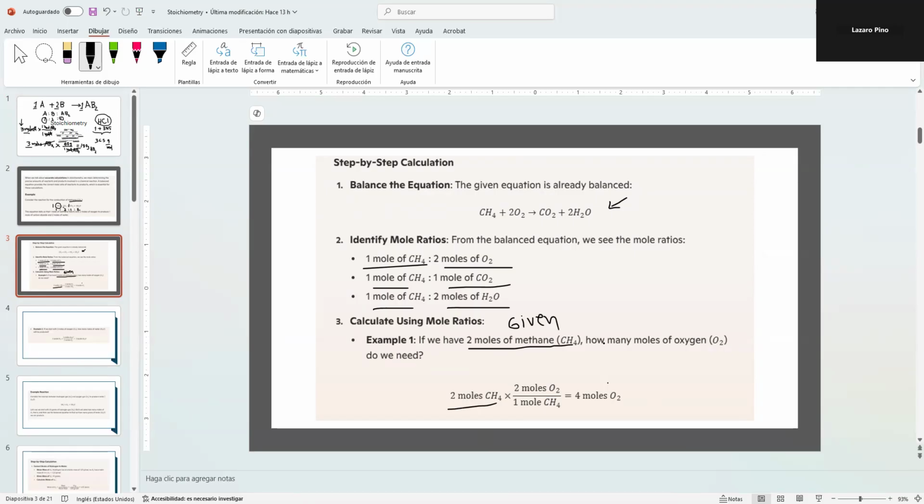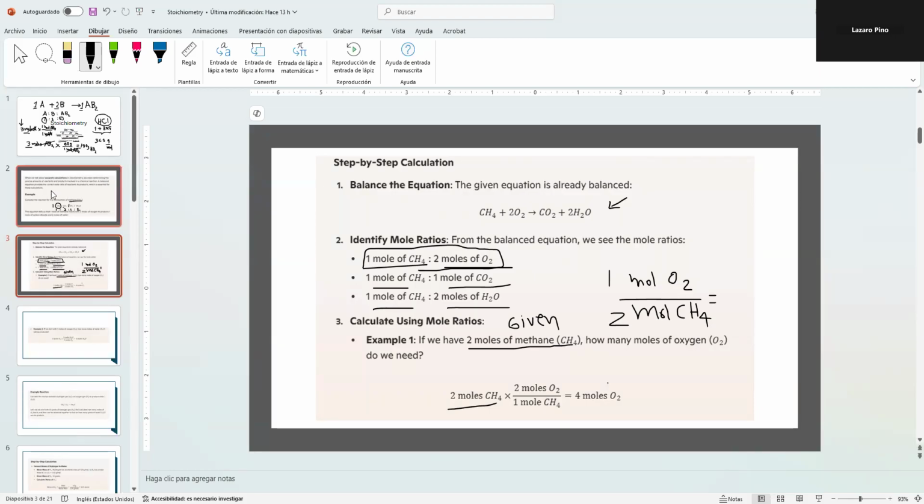And then the question is, how many moles of dioxygen do you need? Then you have to write the moles of dioxygen up and the moles of methane down.